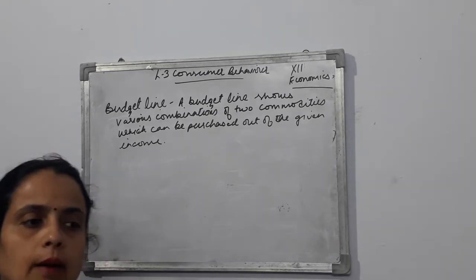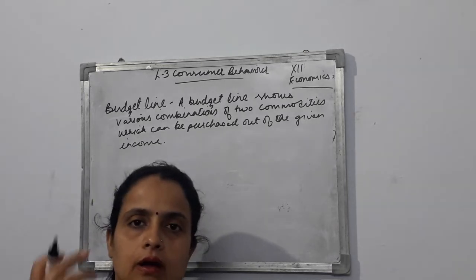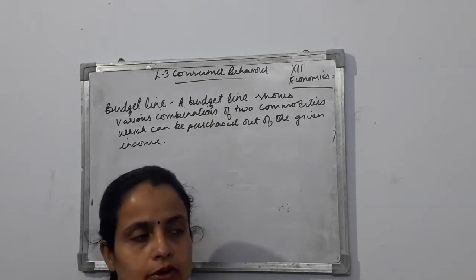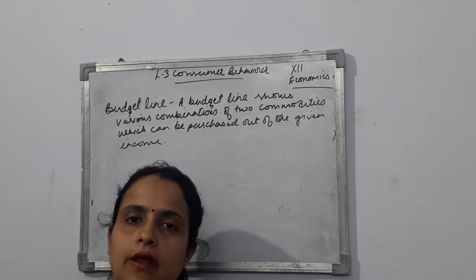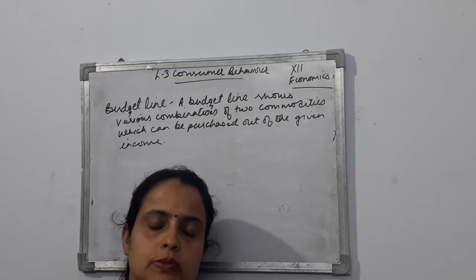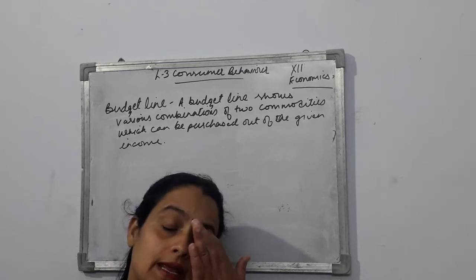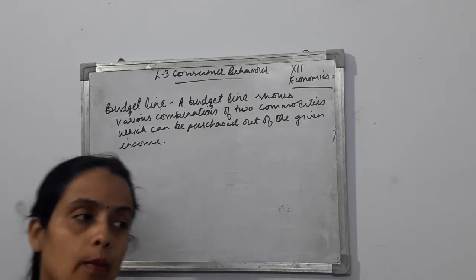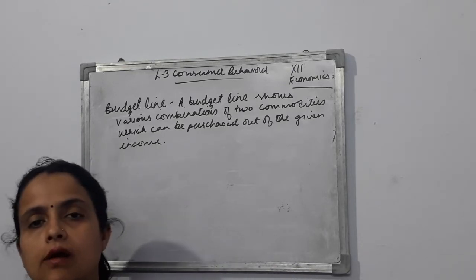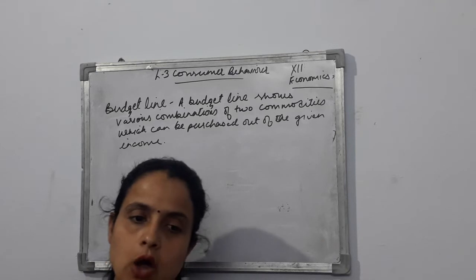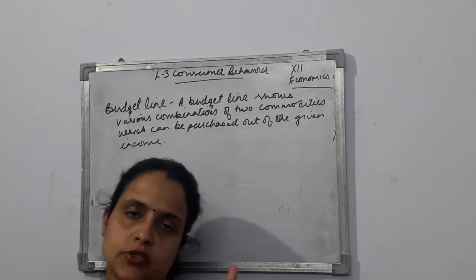Here we are going to read the budget line with the help of an example. We'll draw a schedule and then a diagram. So budget line is very simple. A budget line is a line which shows combinations of two commodities which can be purchased out of the given income. Now see, we always do not purchase only two commodities.